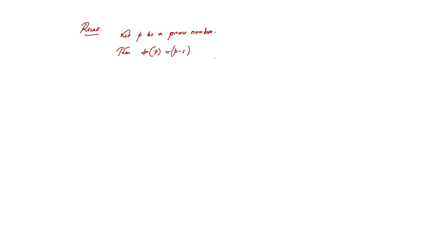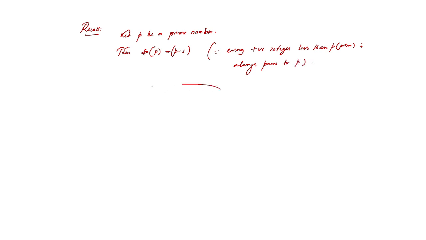Why? Because every positive integer less than p, where p is prime, is always prime to p.